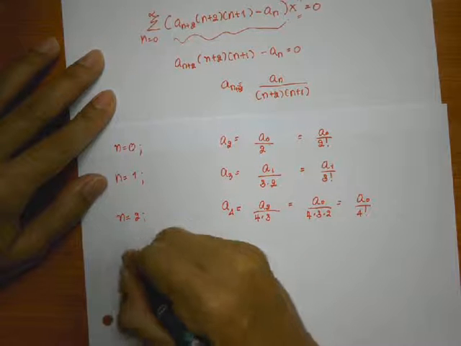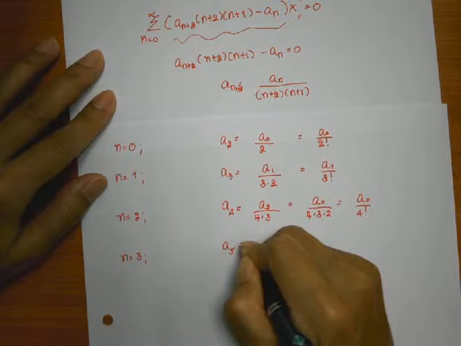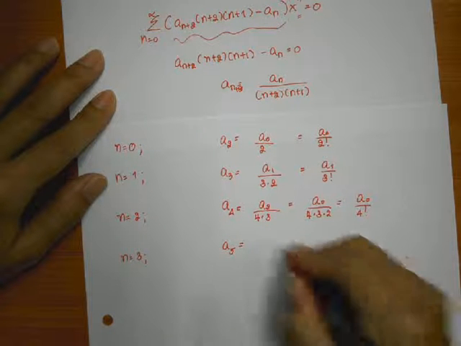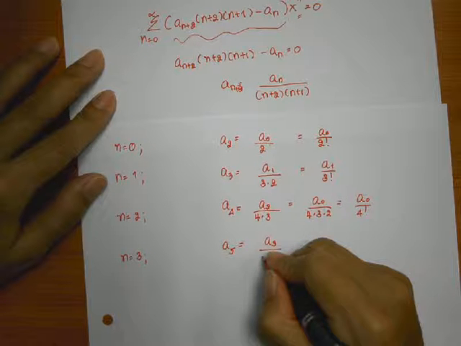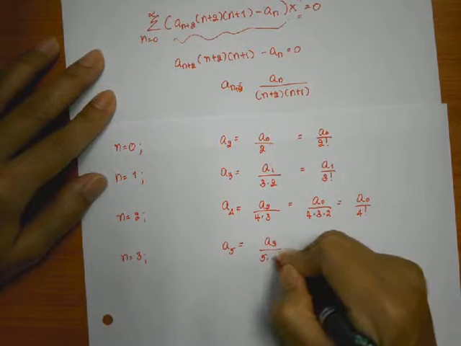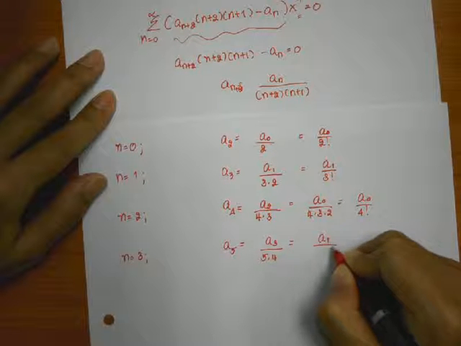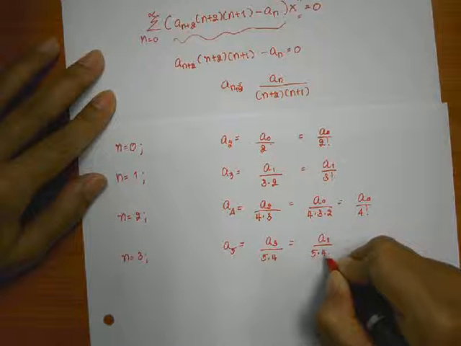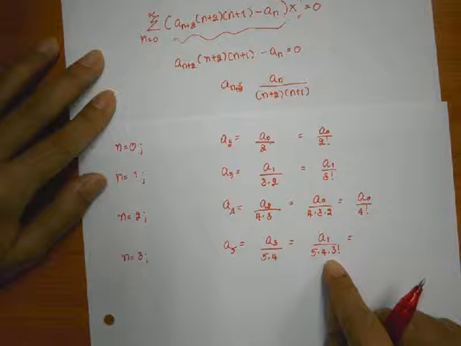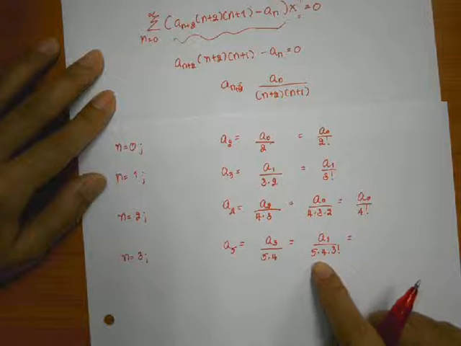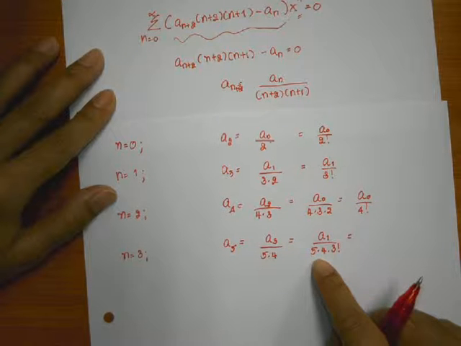Now if n is equal to 3, you would get a5 equal to a3 divided by 5 times 4. And you know that a3 is equal to a1 divided by 3 factorial. 5 times 4 times 3 factorial, is that equal to 5 factorial? Right, it is 5 factorial.